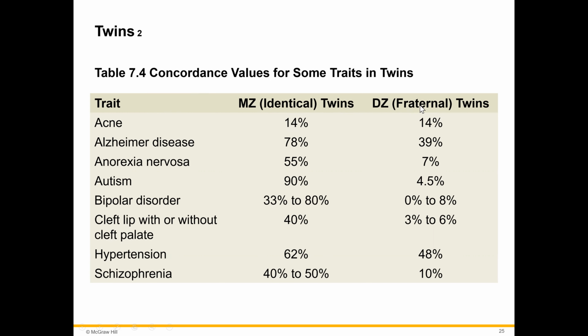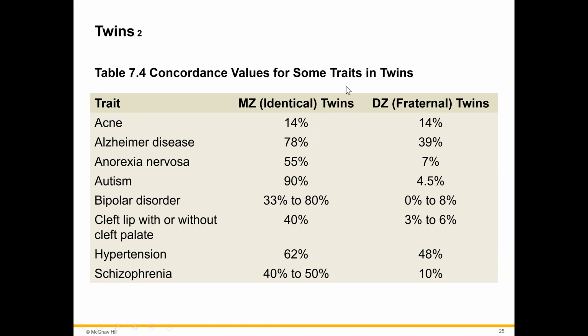Identical twins share 100% of their environment and 100% of their genes. Fraternal twins share 50% of their genes, right? Like you share 50% of genes with your brothers and sisters, and 100% of environment.